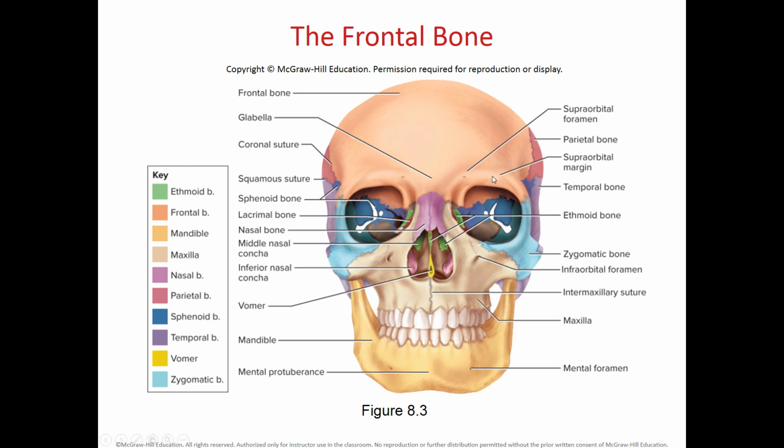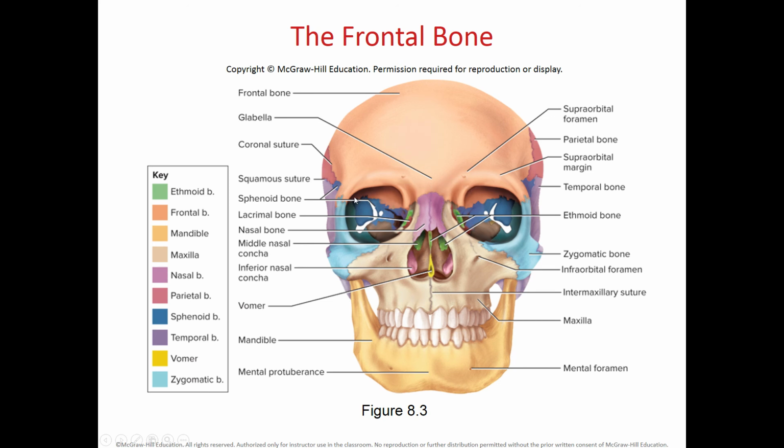And this bone has a middle portion just above the root of our nose that is called the glabella. On the sides of the glabella, we have the supraorbital margin. And then closer to the bridge of the nose, we have the supraorbital foramen.